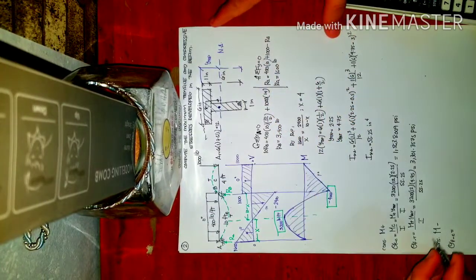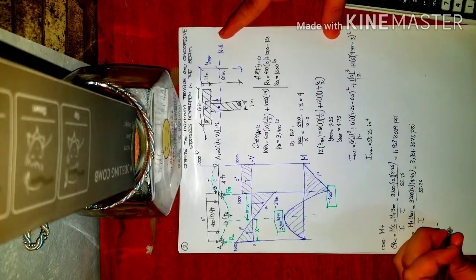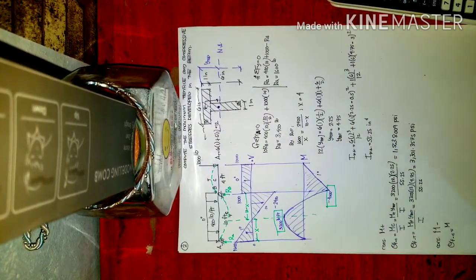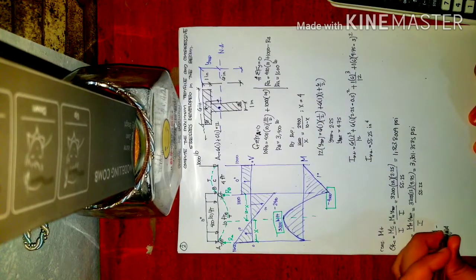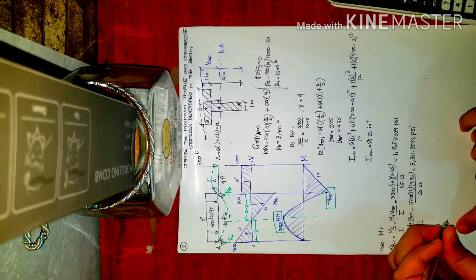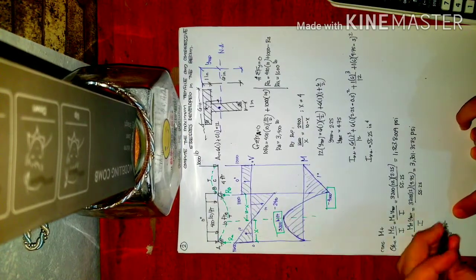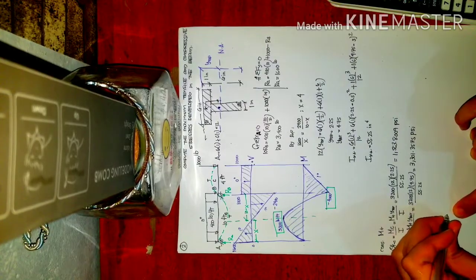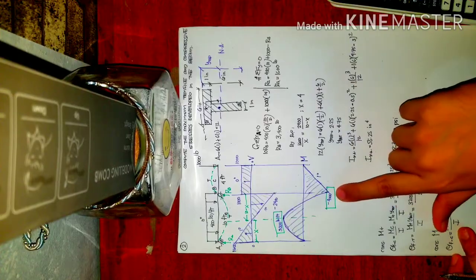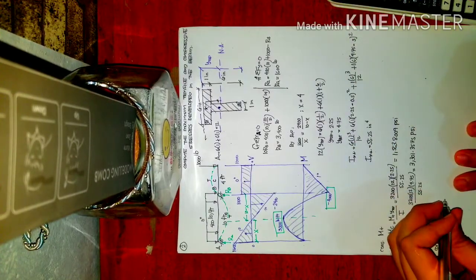Okay? So, ngayon, para sa compression, so ito, moment negative. So, moment negative multiply by, so ano ang compression sa negative moment? So, Y bottom. So, Y bottom over I. So, just neglect the negative sign. Absolute value lang kailangan natin.